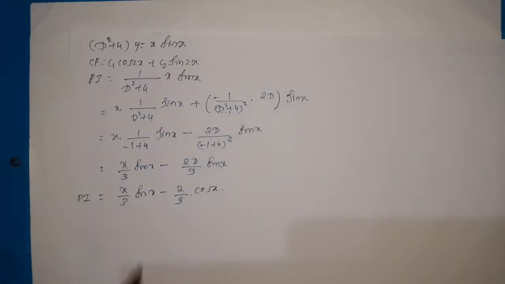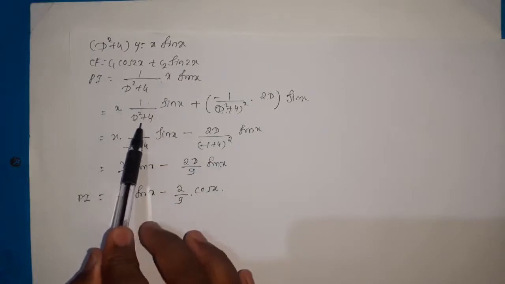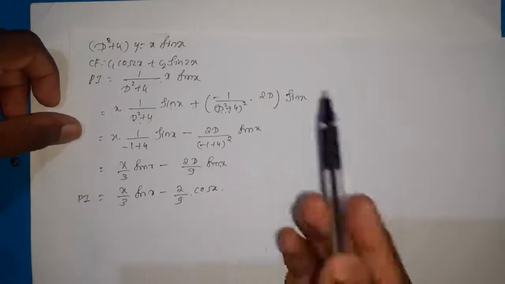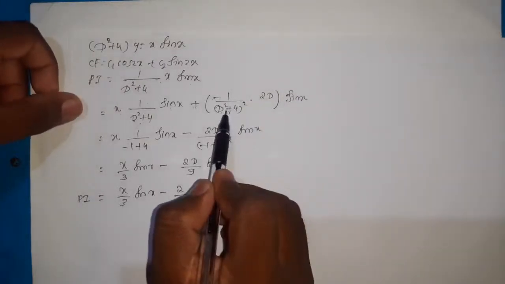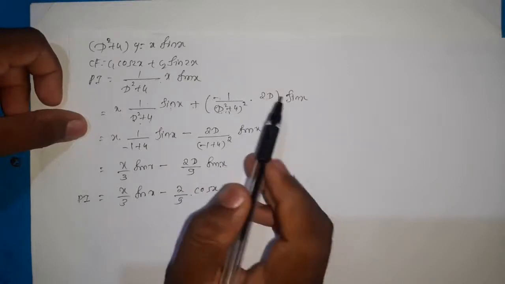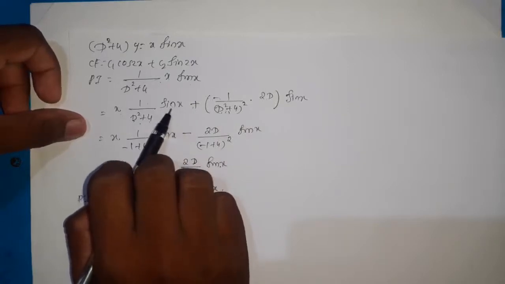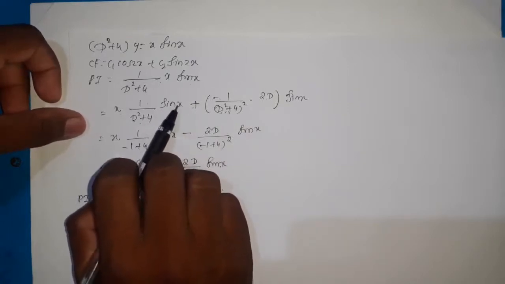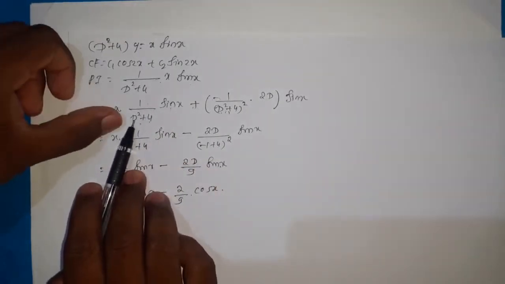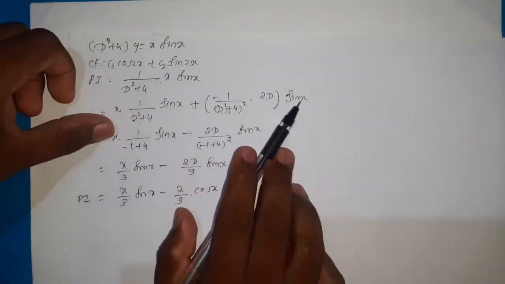So here first x into 1 by whatever the denominator is there, that same function into v, plus minus 1 divided by denominator square into differentiation of that denominator with respect to d. Then corresponding to v, we need to find the particular integral. So it is sin x means sin ax, a is 1, then d square equal to minus 1. So here d square equal to minus 1, and in this also d square equal to minus 1, because we will have the same function, right?